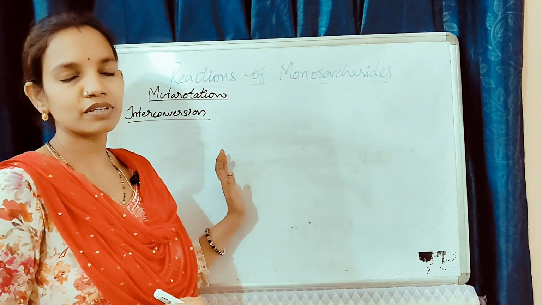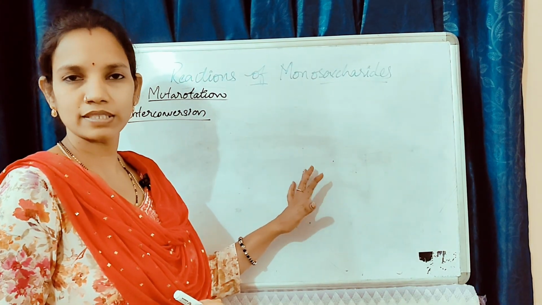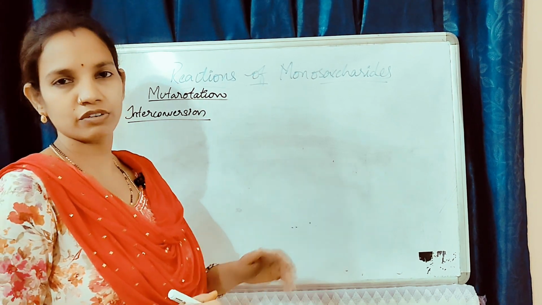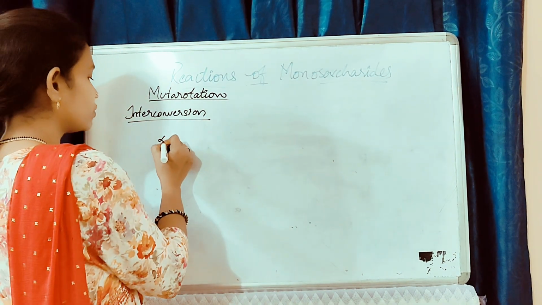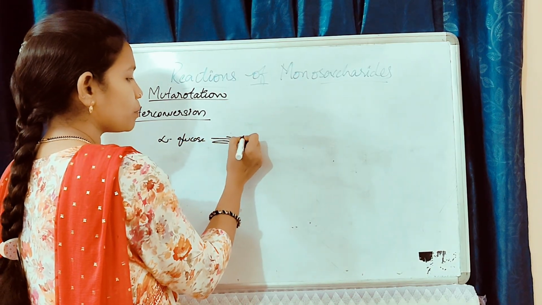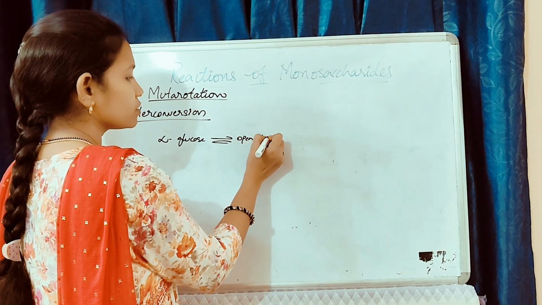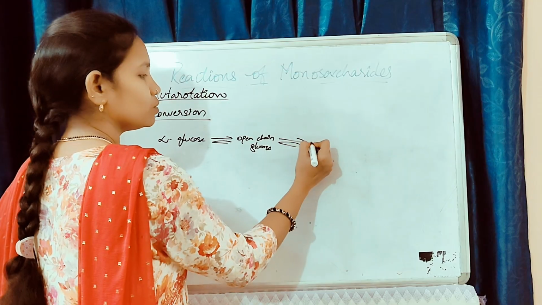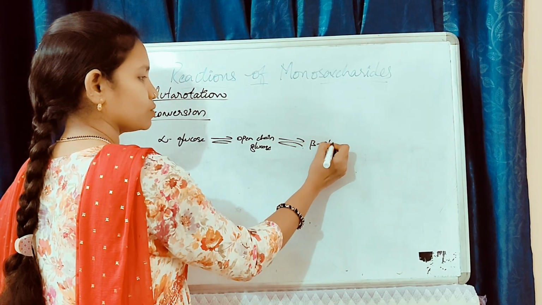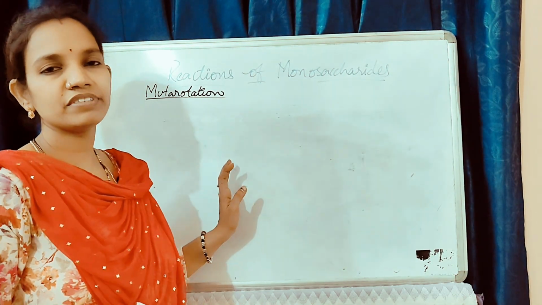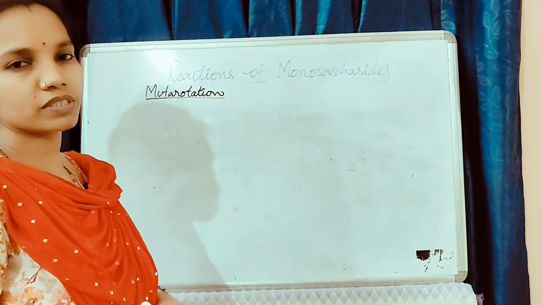So in water, alpha glucose and beta glucose don't stay separate. They keep on changing into each other through a small open chain form. Means the alpha glucose will convert into open chain glucose, and again it will convert into beta glucose. In the definition, we have seen that there will be a change in the optical rotation.